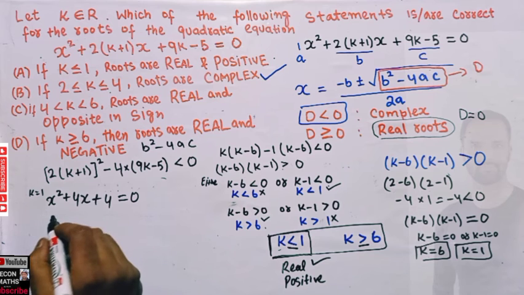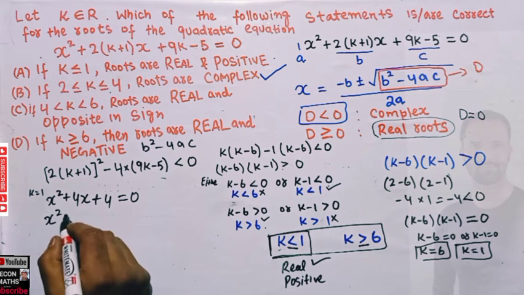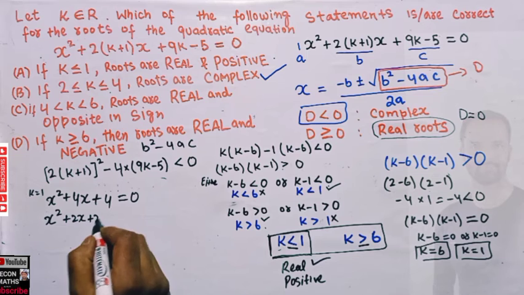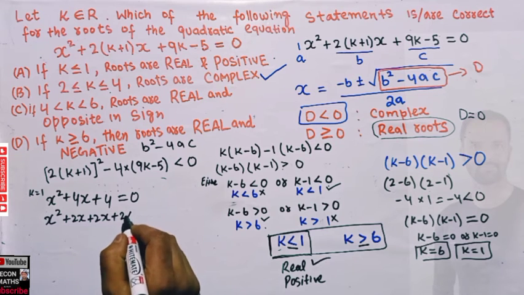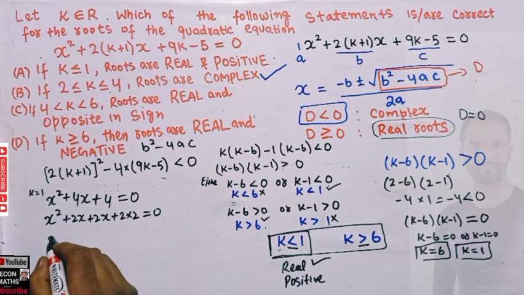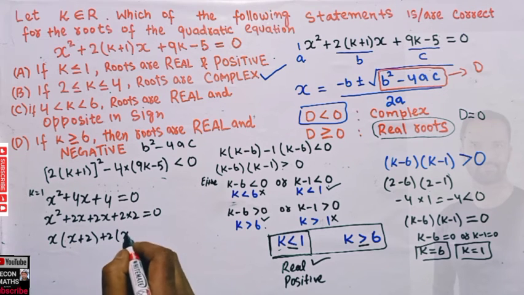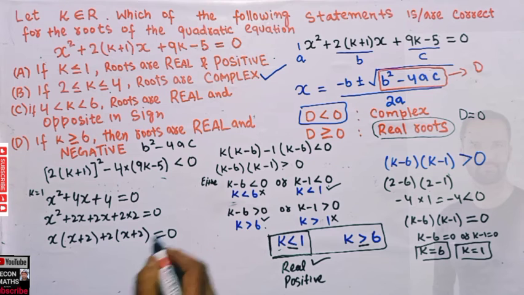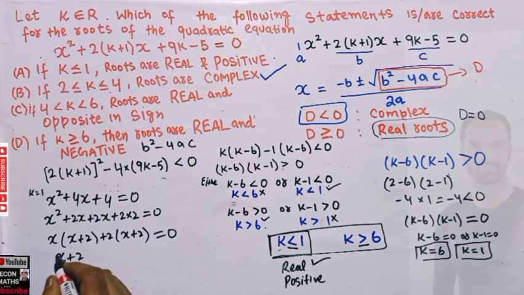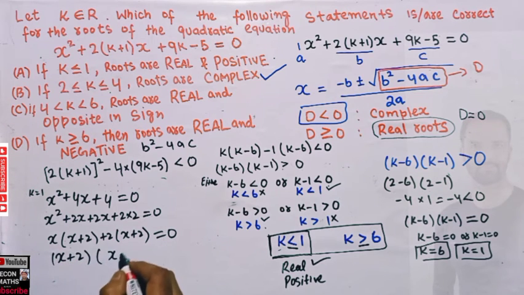So if we factor this out, x square plus 2x plus 2x plus 2 into 2 should be equal to 0. Taking factors common, x plus 2 into x plus 2 is 0.